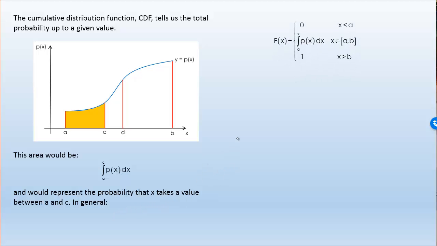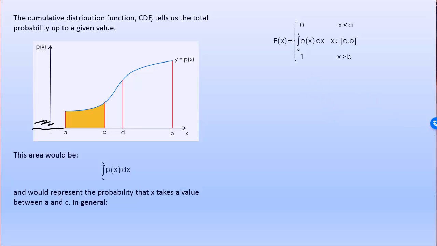In general, notice this is capital F because this is the cumulative distribution function. The area is 0 if x is less than a, and that's quite clear on here. We know the PDF is 0 back here before we get to a, so there's no area above the curve.